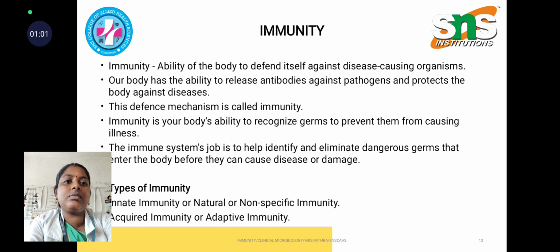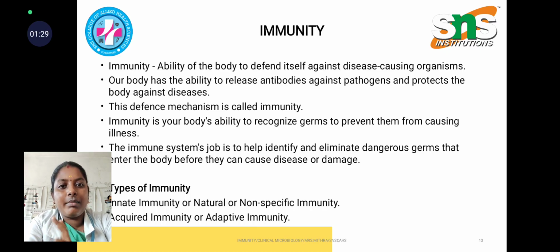This mechanism is also called immunity. Immunity is our body's ability to recognize antigens and prevent them from causing illness. There are many definitions for immunity, and the immune system's job is mainly to identify and eliminate dangerous germs that enter the body before they can cause disease, infection, or any damage to the organs.